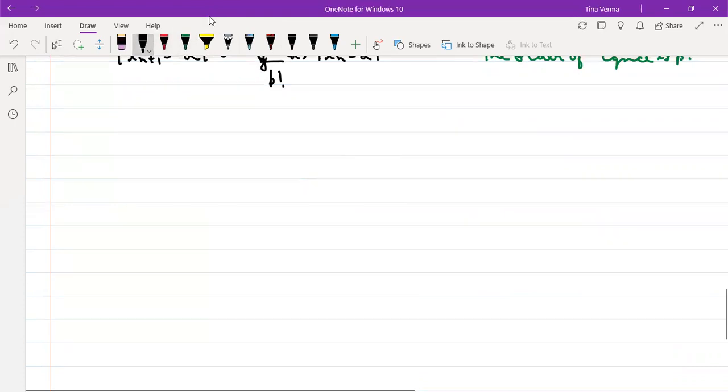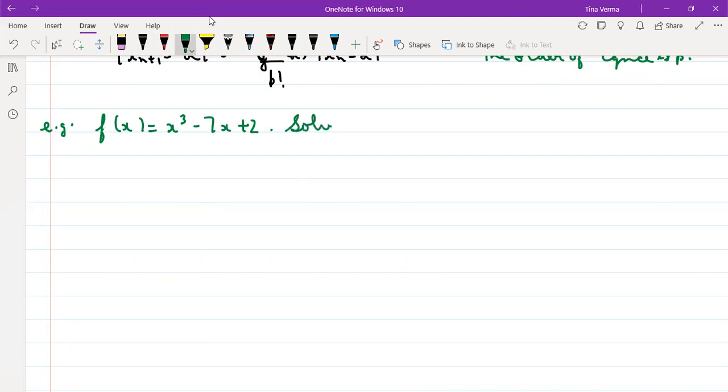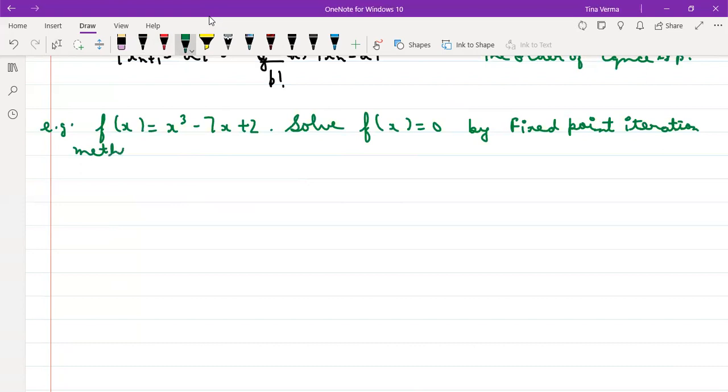So the example we are doing: you have f of x equal to x cube minus 7x plus 2. Solve f of x equal to 0 by the fixed point iteration method, that will converge to the solution.